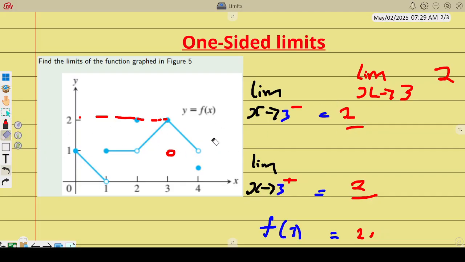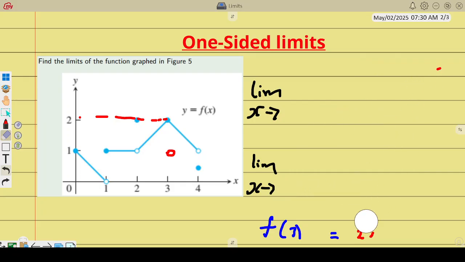And then number 4. Battery low. Okay, so number 4, let's quickly do it. From the left, this is the left hand side, the left will always go like that.